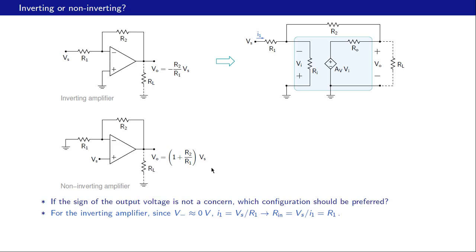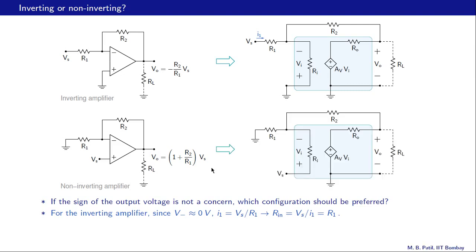Let us now look at the non-inverting amplifier. Once again, let us replace the op amp with its equivalent circuit, and that is what we have: the input resistance, then the gain element, then the output resistance.